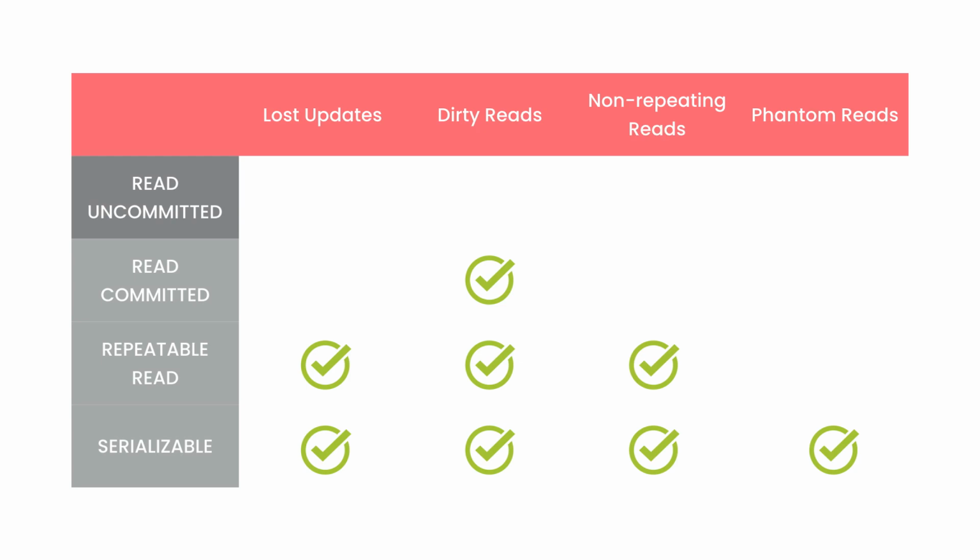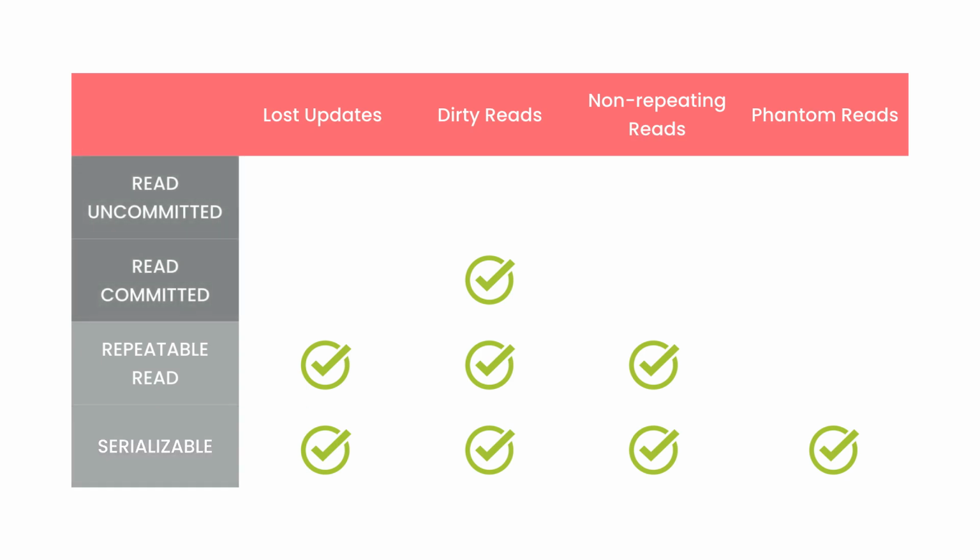In MySQL, the default transaction isolation level is repeatable reads, which works well for most scenarios. It's faster than serializable and prevents most concurrency problems except phantom reads. So stick to this unless you absolutely have to prevent phantom reads for a specific transaction. In that case, you can use the serializable level for that particular transaction.